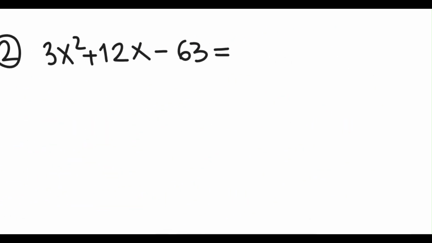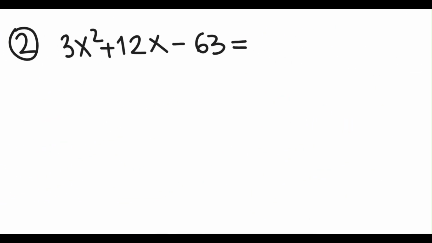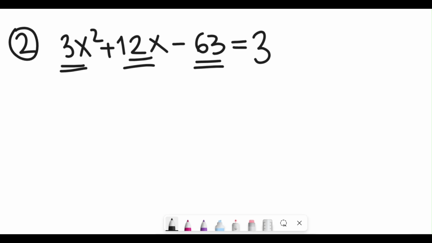All right, example 2. What is important about this question is that all of the terms can be simplified. We can factor something out first. What do we mean? All of them are divisible by 3, right? So 3 goes out.